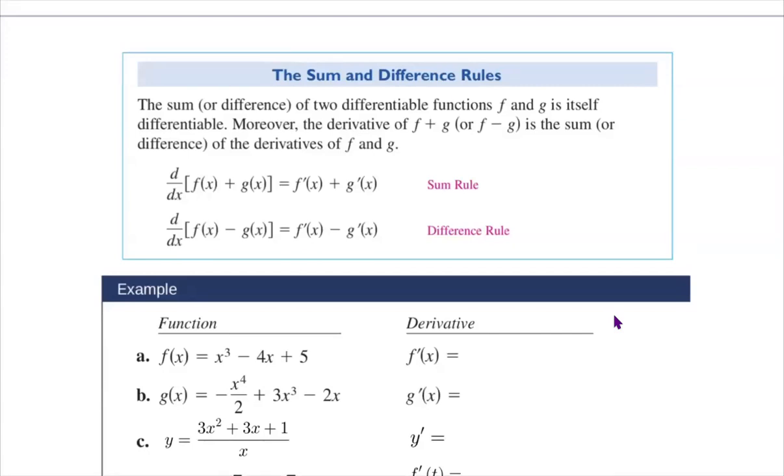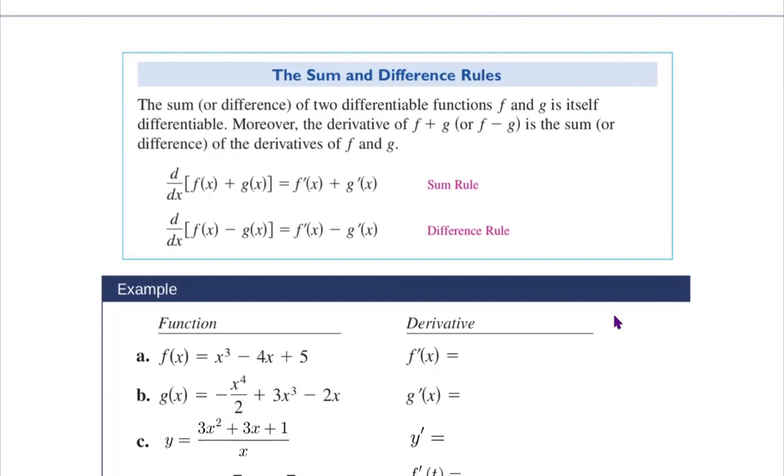So now let's talk about the sum and difference rule. The sum and difference rule is that if you have two functions f and g, and f of x and g of x are two differentiable functions, then the sum f plus g is differentiable, and f minus g also is differentiable.